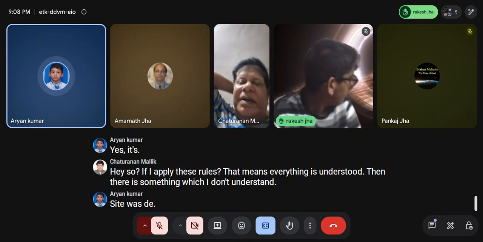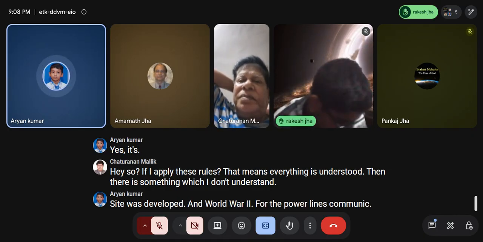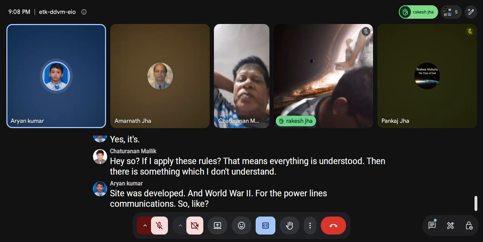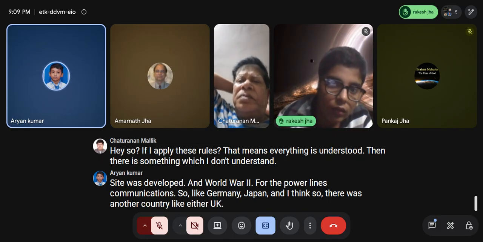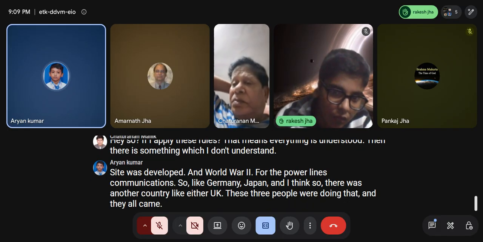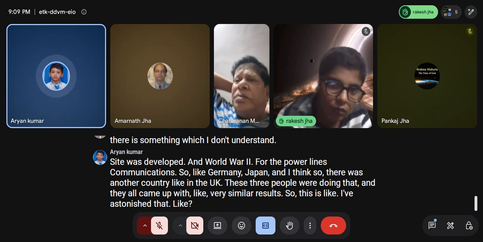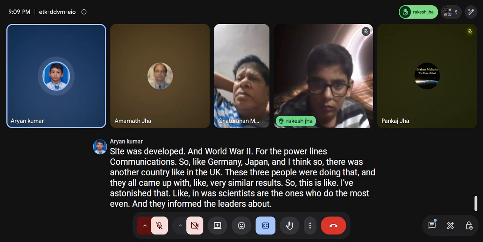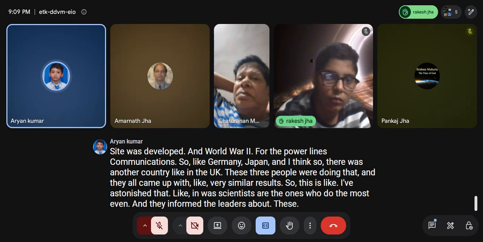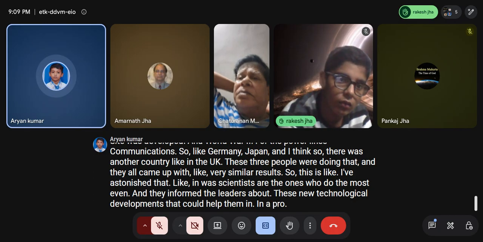It was developed in World War II for power line communications. Germany, Japan, and I think another country like the UK, these three were doing that, and they all came up with very similar results. I'm astonished that in wars, scientists are the ones who do the most, and they inform their leaders about new technological developments that could help them progress more and more.